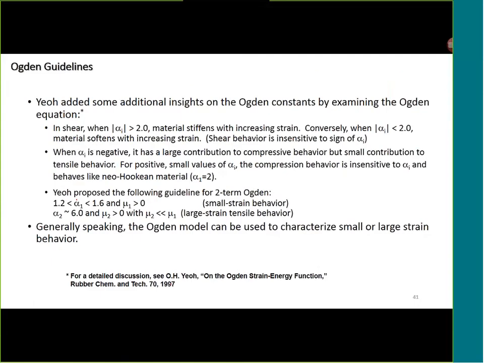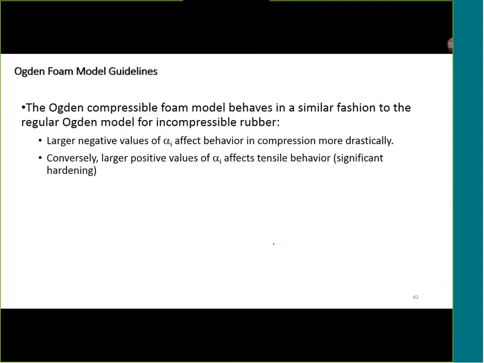Here are some more guidelines on Ogden model. Generally speaking, depending on how we tune these alpha and mu values, this may become very suitable for both small or large strain. You can tweak this model for better accuracy either in the small strain range or in the large strain range. So capturing the stress strain curve accurately in both small and large strain range becomes challenging. Here are the guidelines if you are dealing with foams and sponges.